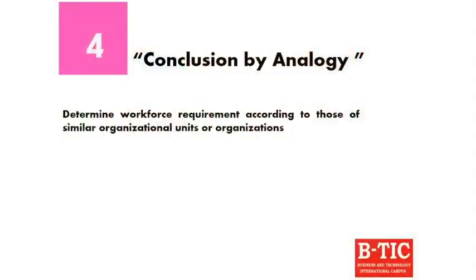This is about if you go to start a restaurant in a city, you go to another restaurant that is already running in the city and understand how many customers they serve daily. To serve those customers daily, how many people they have, how many chefs, how many shift runners, how many floor managers, how many crew members, all those things. You take an idea of that.